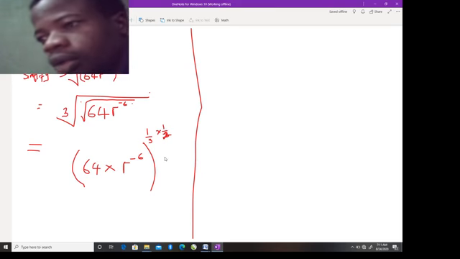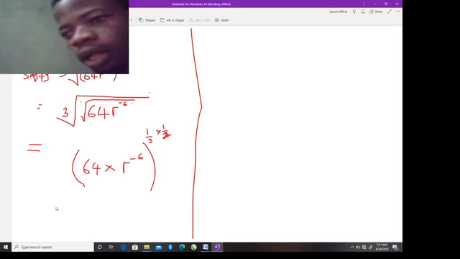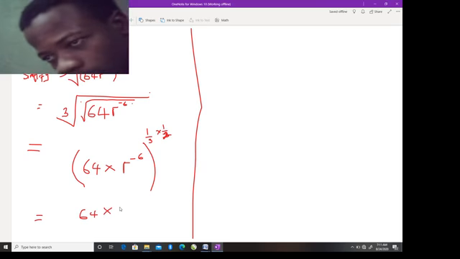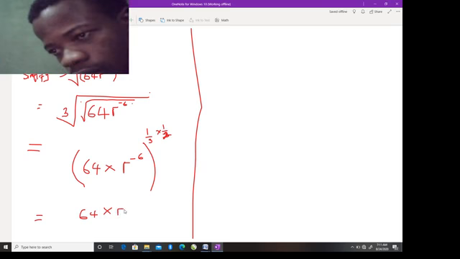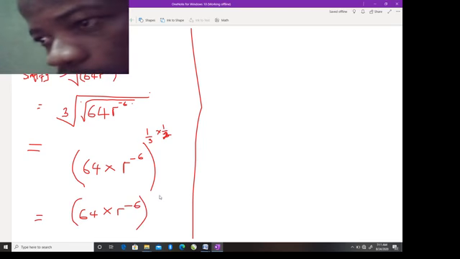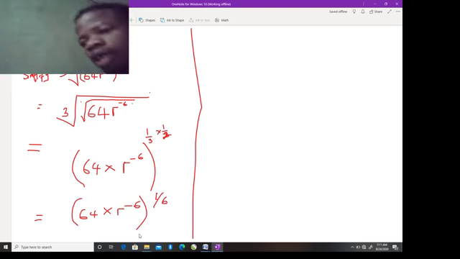So power law comes in here. What do you have? You have 64 times r raised to the power of minus 6, everything raised to the power of 1 over 6. Can you see this?